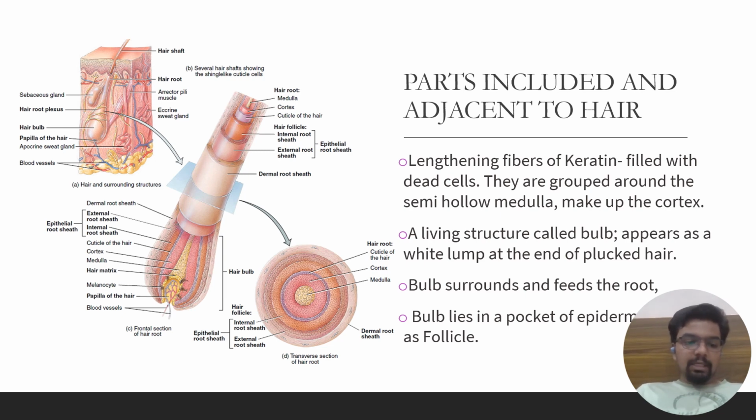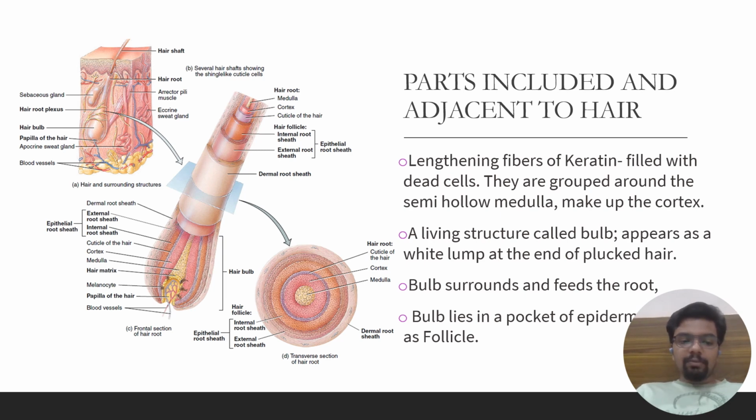Here we can see there is a papilla of the hair, which we can call the blood vessel, which supplies the nutrition to the hair, and there are some melanocyte cells also, which give the hair its color.